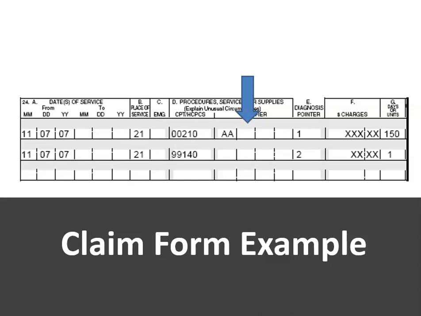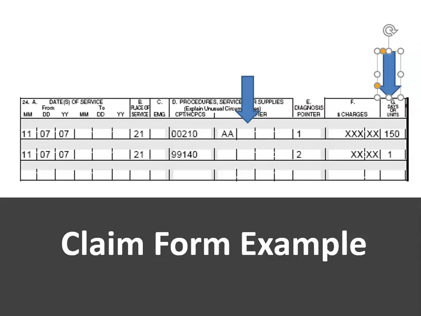And then I also want you to notice on this particular claim form, they wanted 150 units of the anesthesia service. Remember, we talked about anesthesia time. This is a perfect example of how they're reporting that time, but they're reporting it in units.